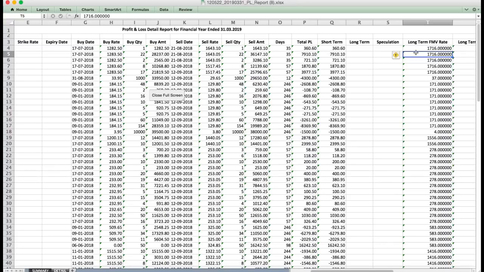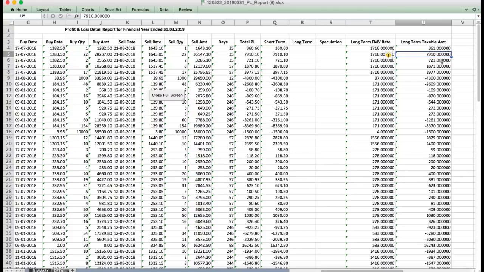But if it is less than your buy rate, for example if the long-term FMV is 80 rupees, then 100 rupees will be counted as your buy rate and your profit will be taken as 50 rupees for taxation. But again, if it is higher, like 130, then your profit will be taken as 20 rupees for taxation purposes, and in the next column, that is the long term taxable amount, it will show you 20 rupees. That is an example.